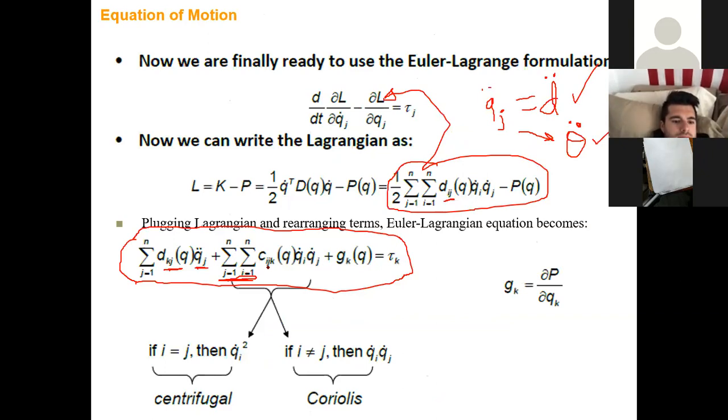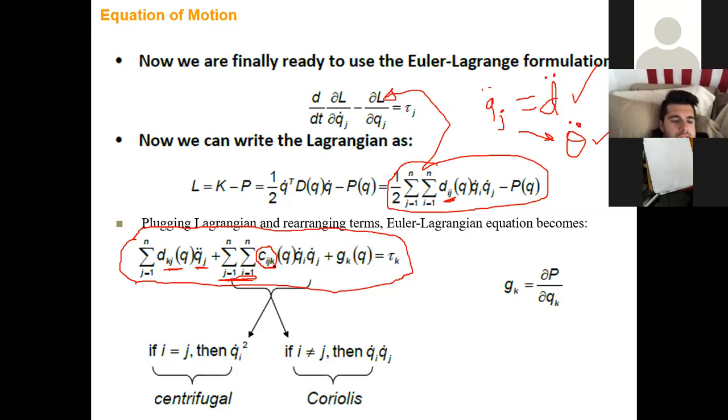Then you have one coefficient here, this Cijk, and I'll talk about it in the next slide. Did you see that? You have three indices here. Dij has just two indices, i and j. Now in this guy, you have Cijk, three indices. Let's reserve this for the next slide.